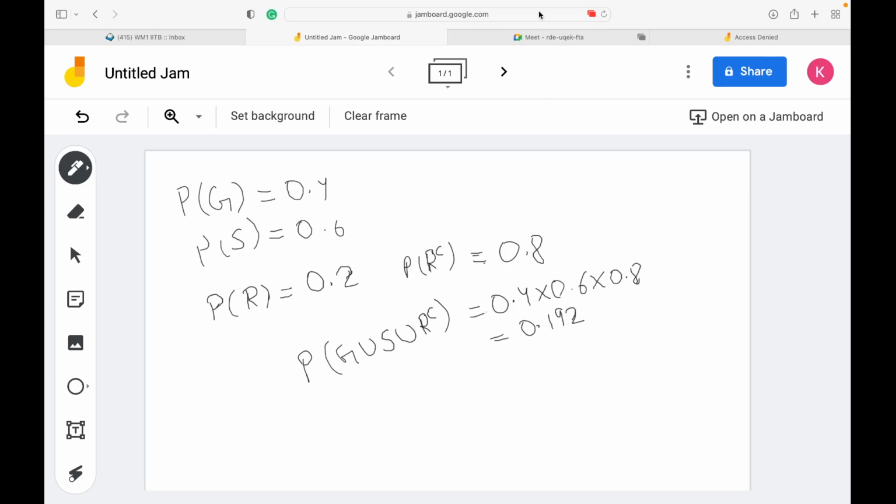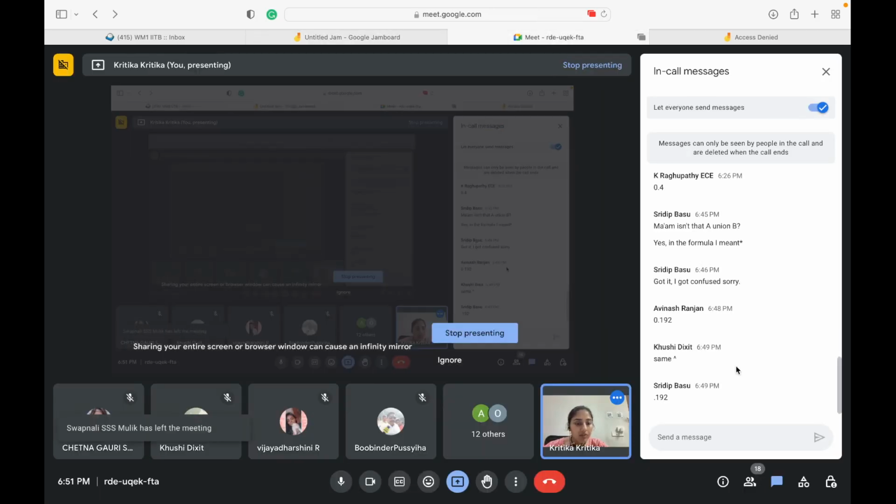Okay, so I hope Sridev Basu gave the right answer. Okay, so can we move to the next question? So do all people understand the solution for this question, right?